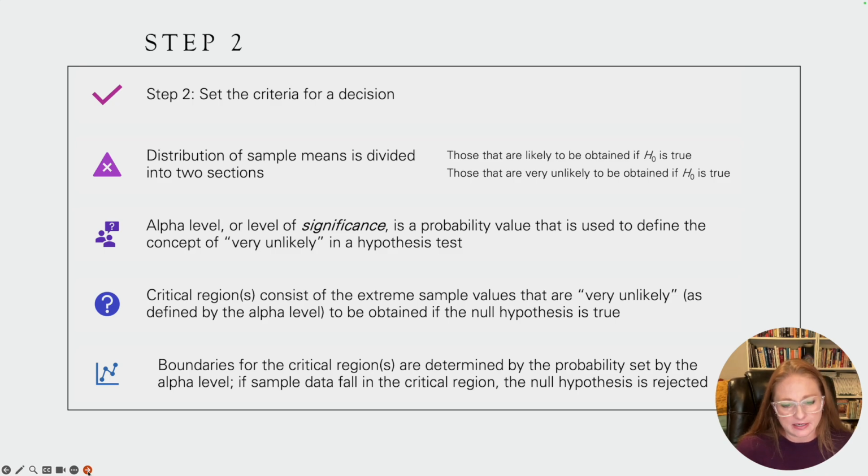If the sample data fall in those critical regions, and again, most of the time we are running a two-tailed test. Sometimes you are running a one-tail, but most of the time we're running a two-tail. If the null hypothesis is rejected, and remember, you, the researcher, want to reject that null hypothesis. Okay? Because if you create something, you're hoping that that something has an effect.